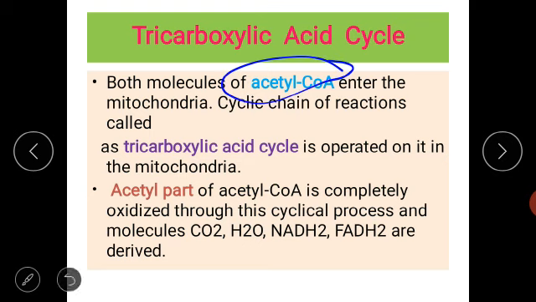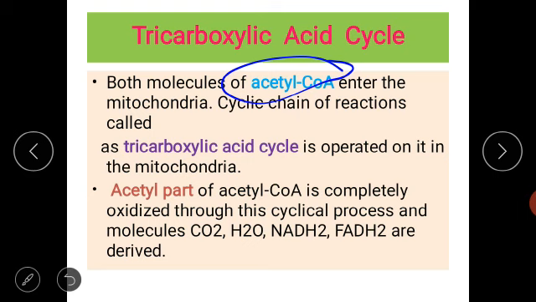Then that acetyl CoA enters the matrix of the mitochondria, where the TCA cycle operates.